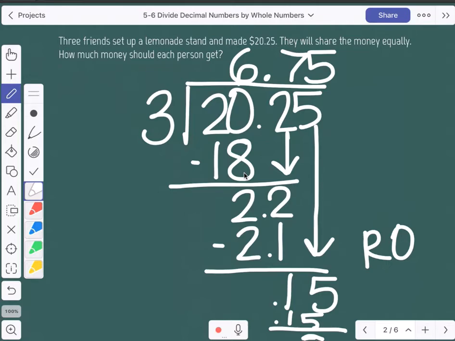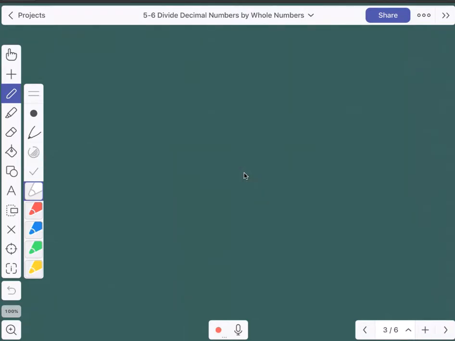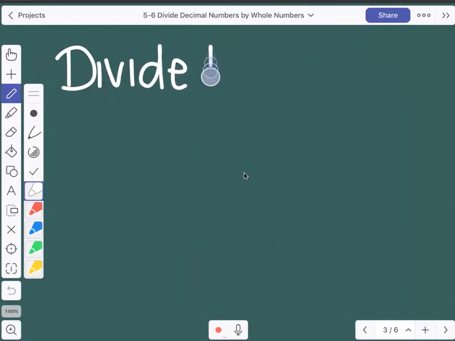I'm going to go on to another page and write down the steps, and I want you to write them down too. I'm going to be switching back and forth between the 2 pages, so just be mindful of that.